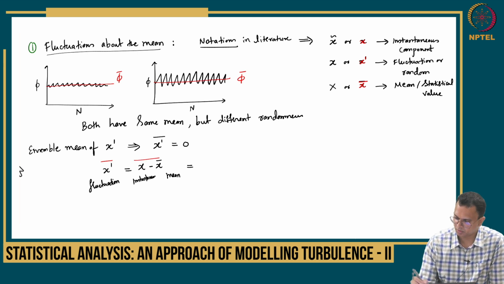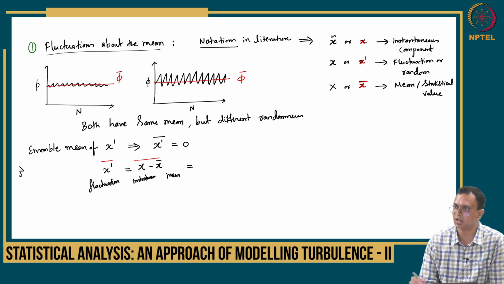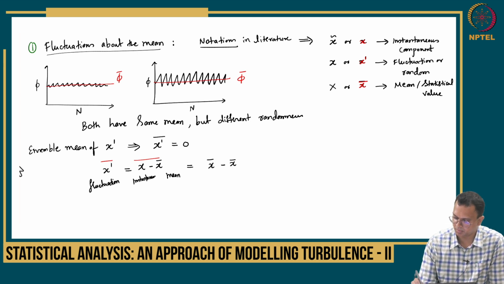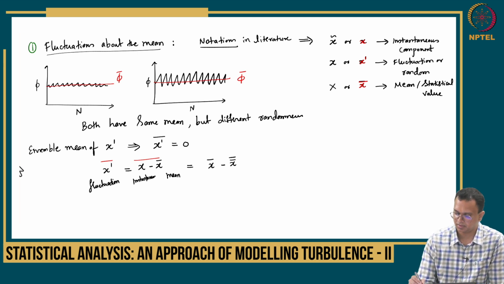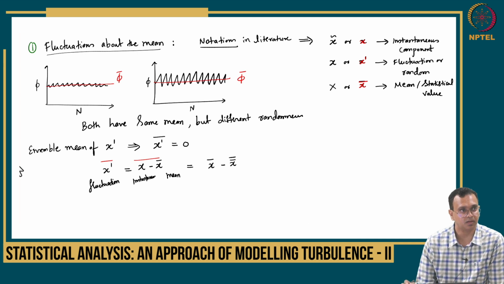okay, so what will this be? The ensemble average and the subtraction operation, they commute. So I can write this as x bar minus x bar over bar. Now x bar is the ensemble mean, and if I am doing another operation over it, what is the ensemble mean of an ensemble mean?